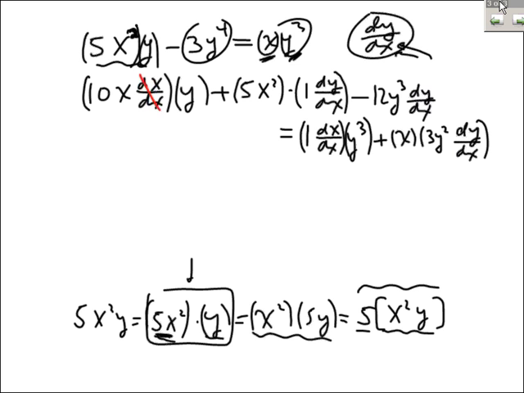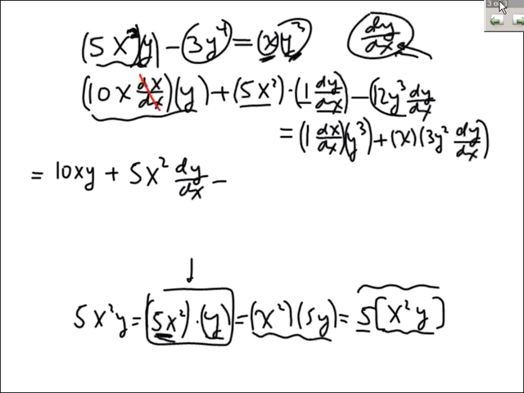So let's try to write everything on one line. Let's clean it up a little bit. This here is just 10xy plus 5x squared times 1 is just 5x squared times dy/dx. So 5x squared dy/dx minus this. Nothing really to clean up there. 12y cubed dy/dx.